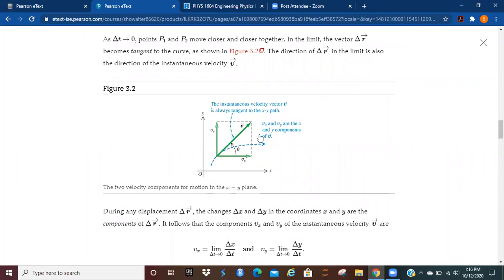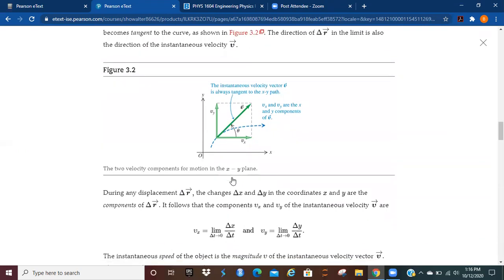If we look at our graph here, you can see the angle that's being made between Vx, Vy, and the velocity vector V. Obviously, the velocity is not moving all in this direction or all in that direction, but a combination of the two.